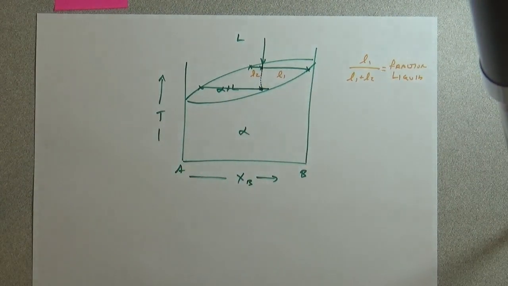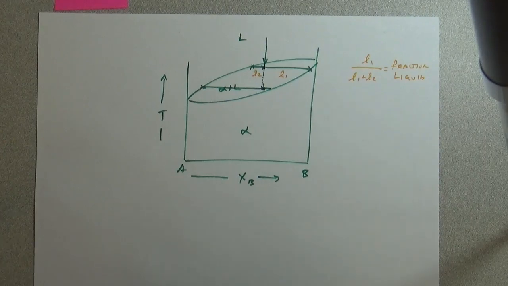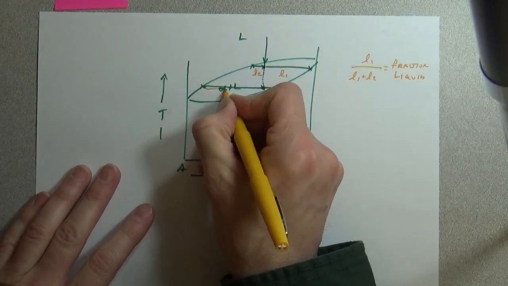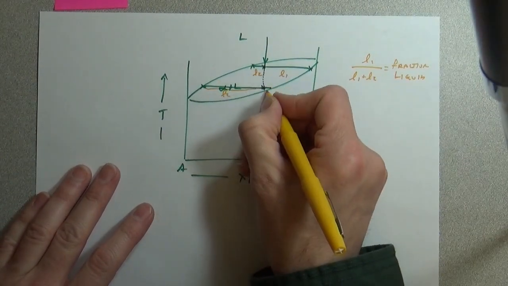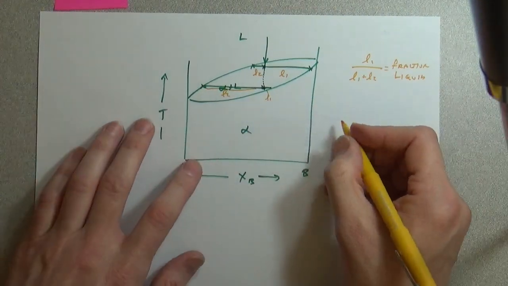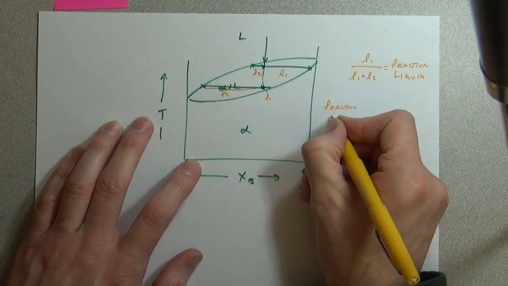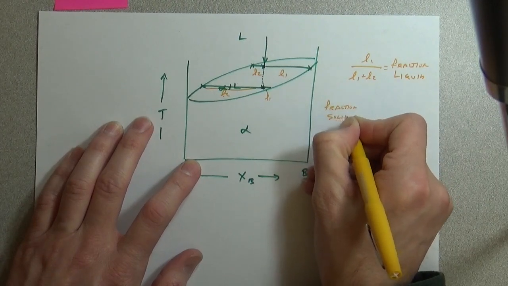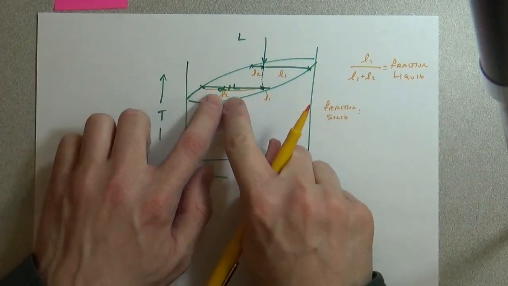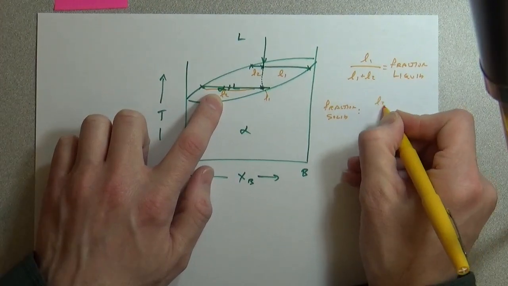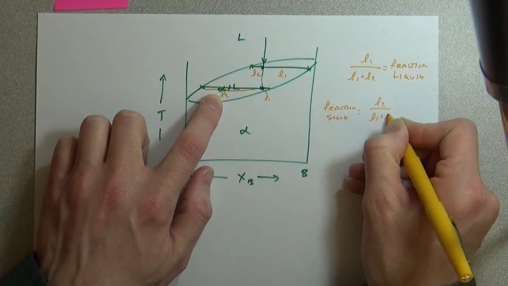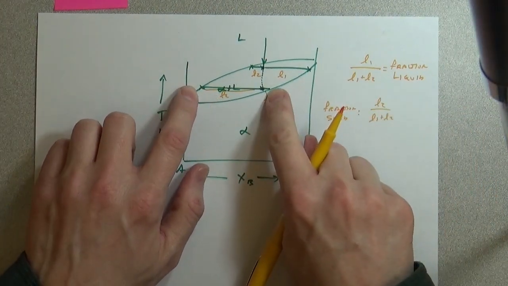So now L2 and L1, the fraction solid, is going to be L2 divided by L1 plus L2.